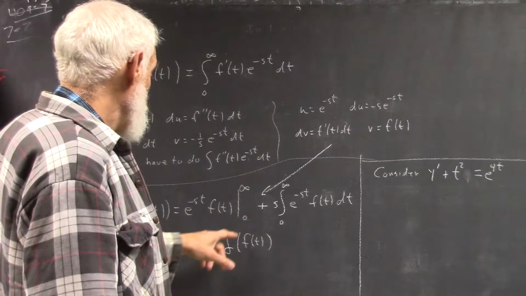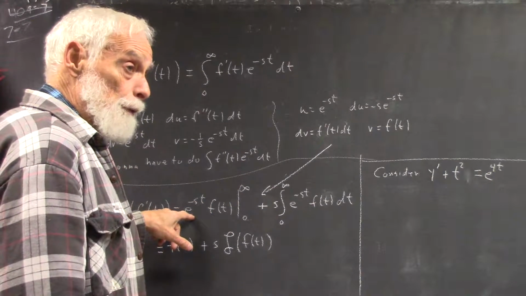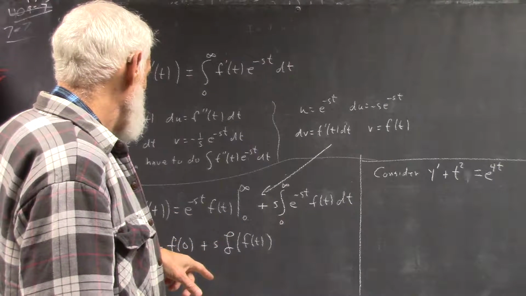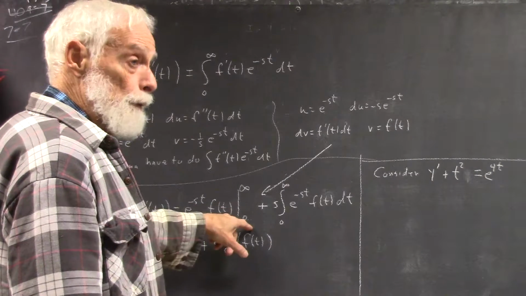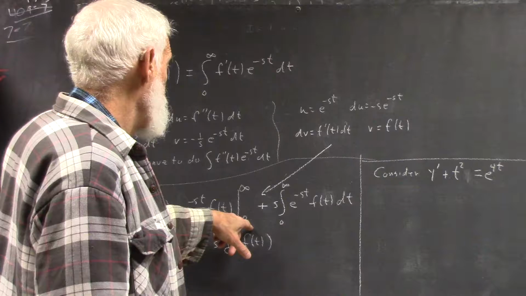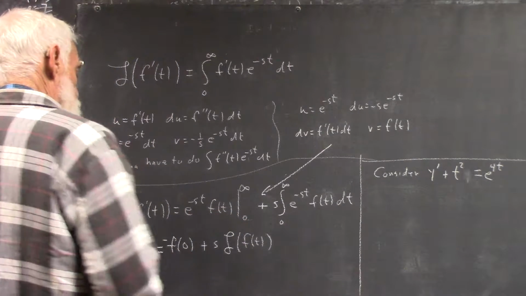And of course, at 0, you're going to get a 1 here. At infinity, this is going to approach 0. Okay? So you're just going to get the f of 0 at the lower limit. That looks like you're going to get a negative f of 0 there.